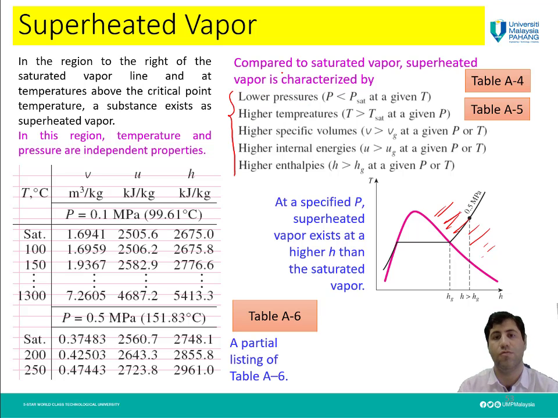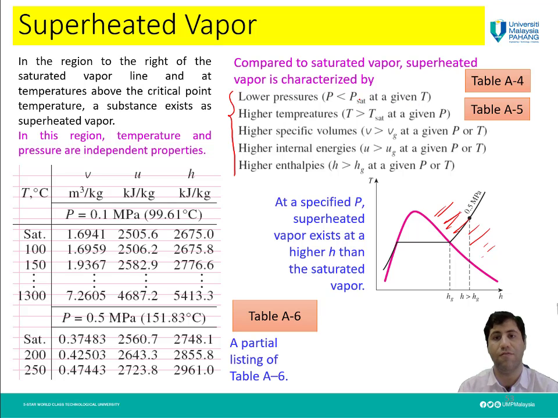So we need to characterize the superheated vapor for a substance by checking these conditions. First of all, we should check if the pressure of the substance is lower than the saturation pressure at a given temperature.